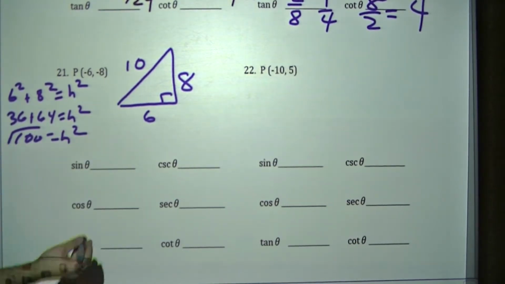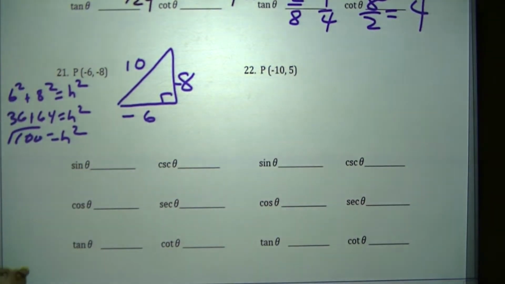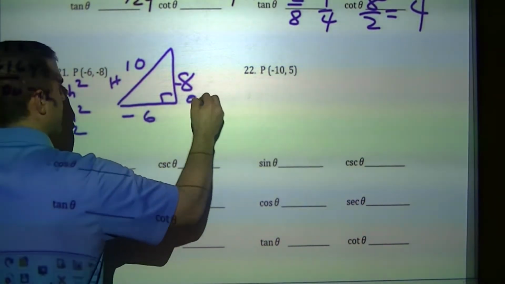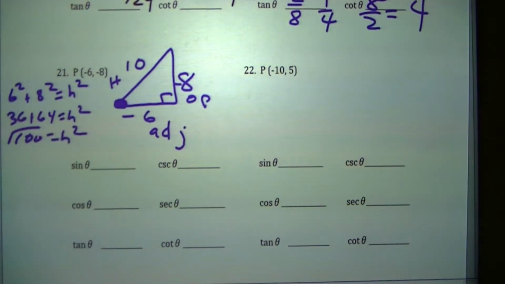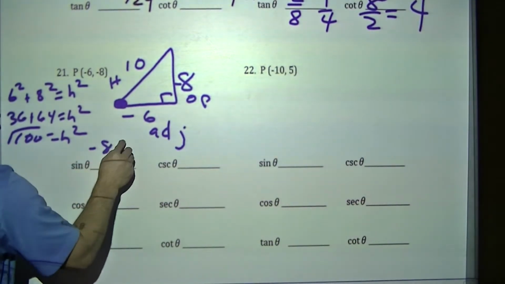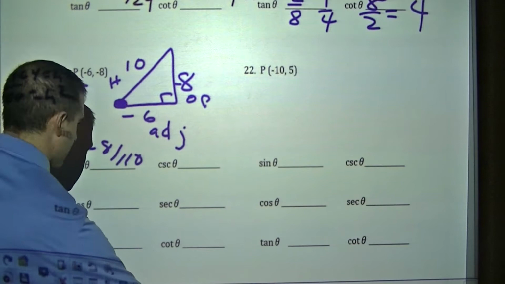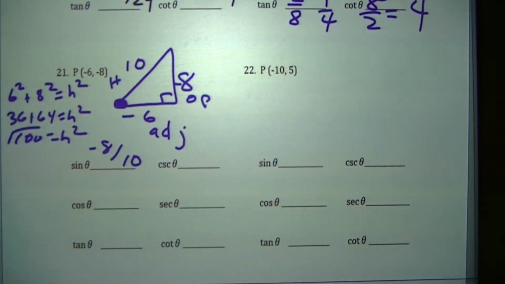Okay? Now, I'm going to go ahead and put the negatives in. This is going to be my hypotenuse, opposite and adjacent. Once again, we're going off the assumption that this is my theta. So the sine is going to be negative 8 over 10. Okay, I didn't write 10 very nicely. No issues there because I only have a negative.